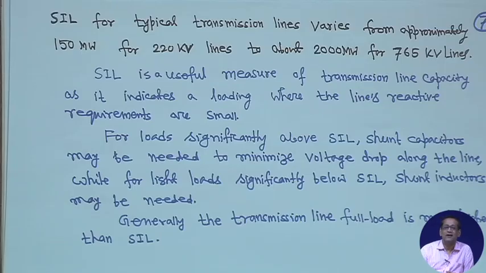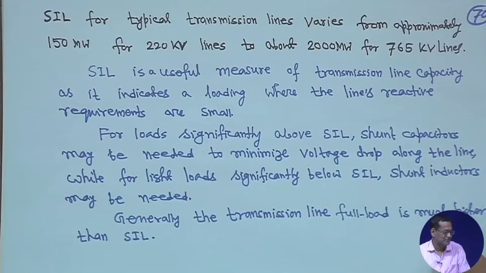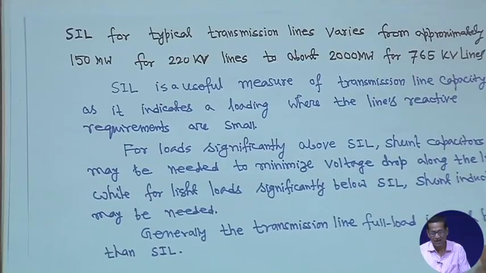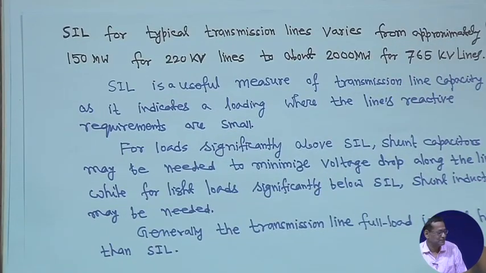This is a typical phenomenon for a transmission line, and it happens due to the charging admittance. So, these are the things we have studied, but we will take a small example of velocity of propagation and surge impedance. After that we will go to 3 phase power flow through the transmission line.